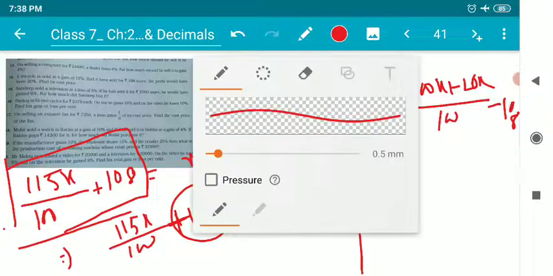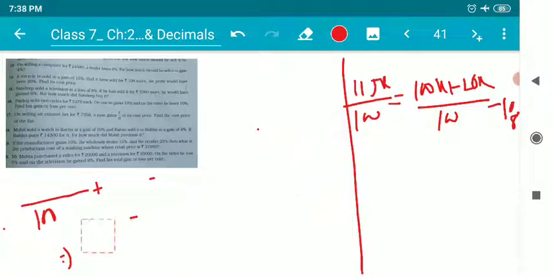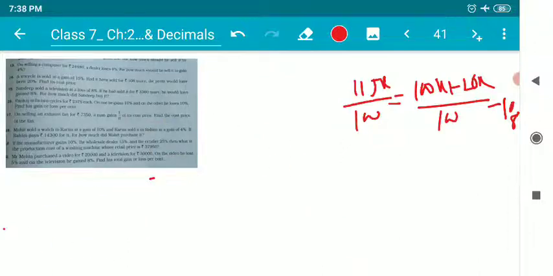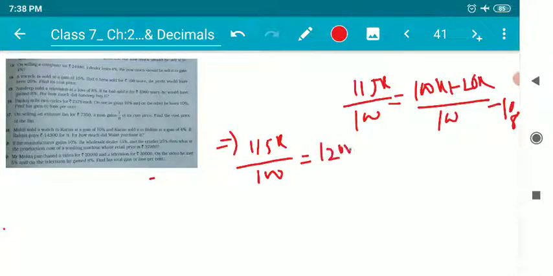Okay, children. Now I'm cleaning this side a bit in order to gain more space. Let this 115x by 100 be as it is, and this is 120x by 100 minus 108.